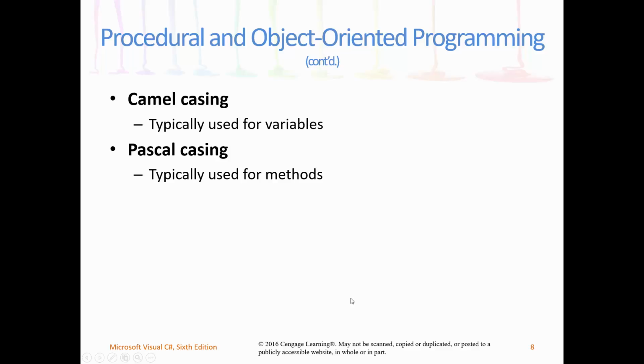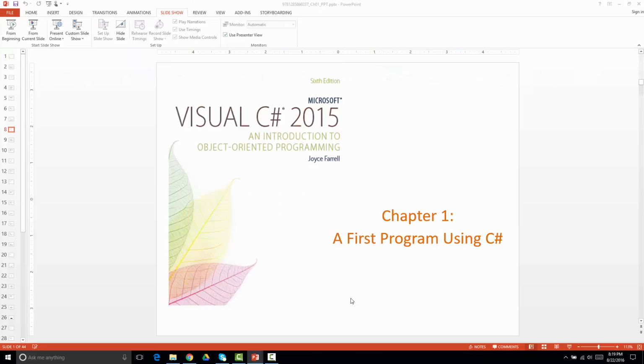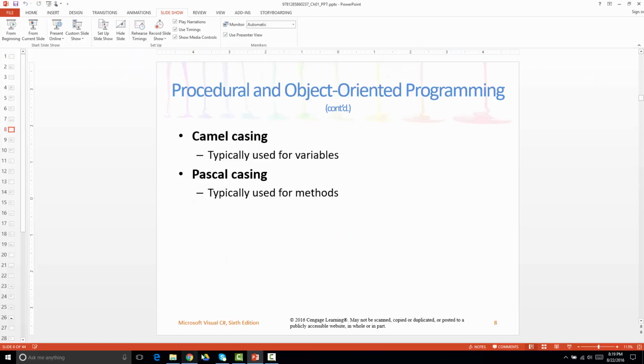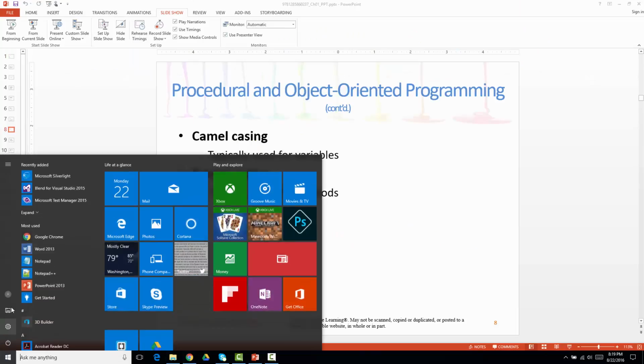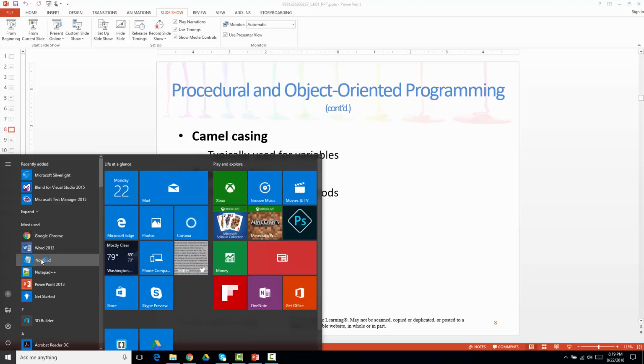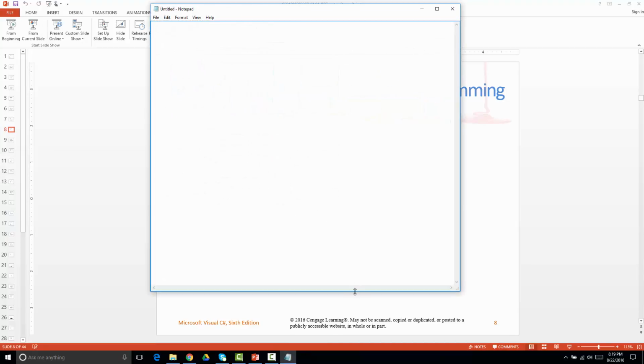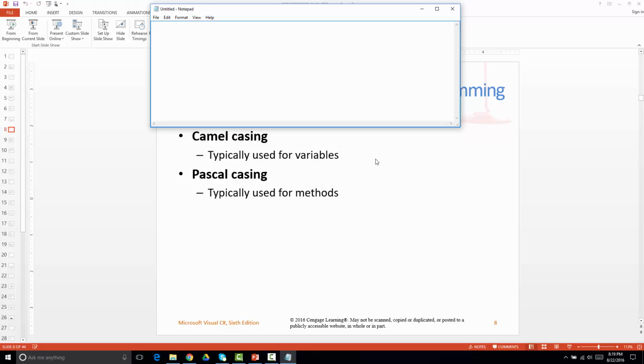All right, they talk here about camel casing and Pascal casing, and maybe it's easier just to show it to you here. What the author actually means by this is if I'm creating a variable, let's say that the variable is called tax rate. If I do it like that, that's variable camel casing.